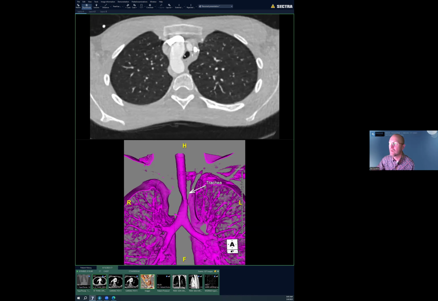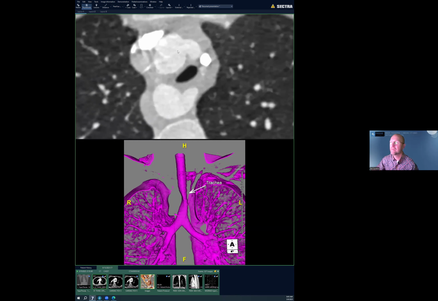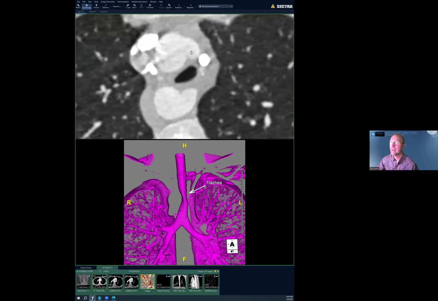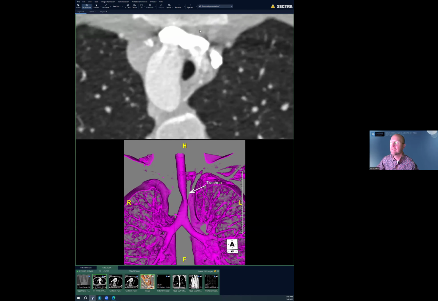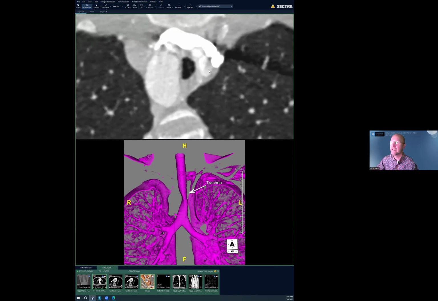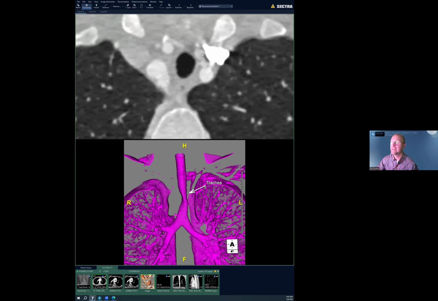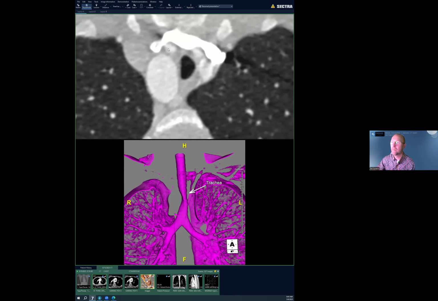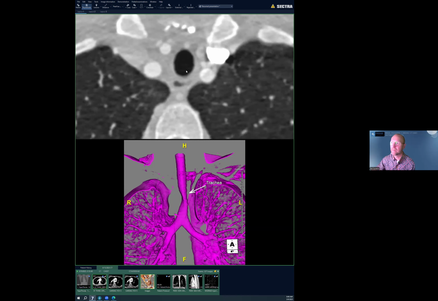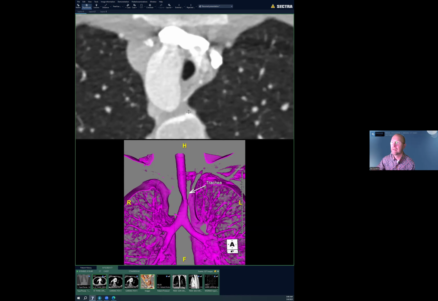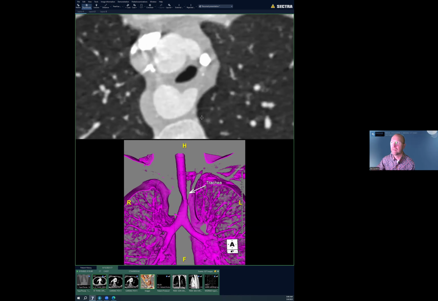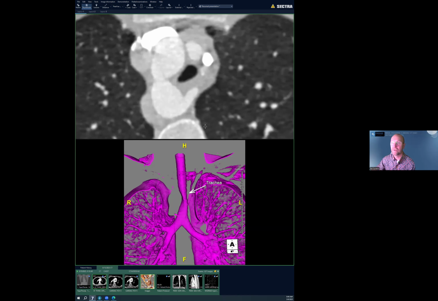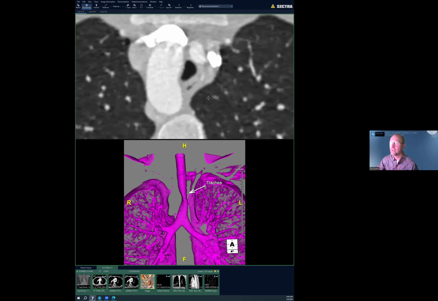As you can see, we have a right-sided aortic arch. We have a left brachiocephalic artery that then splits into a left common carotid and a left subclavian. We have a right common carotid and the right subclavian coming off the aortic arch. So this is a right arch with mirror image branching.